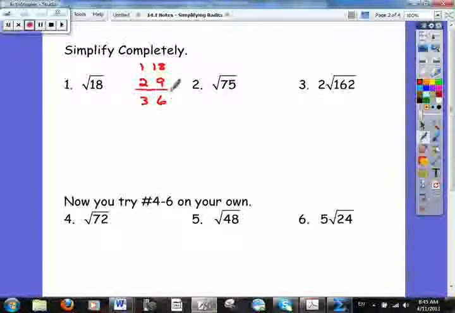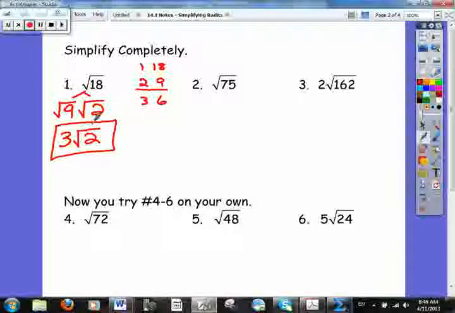No. So I'm going to go with the 2 and the 9. Square root of 9, square root of 2. What is the square root of 9? The square root of 9 is a perfect square, and that is 3. So the square root of 9 is 3. Can I simplify the square root of 2? Is it a perfect square? No. There's my simplified answer.